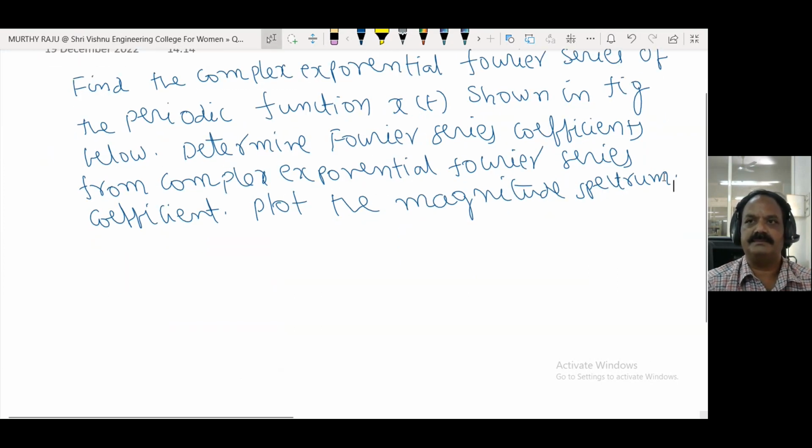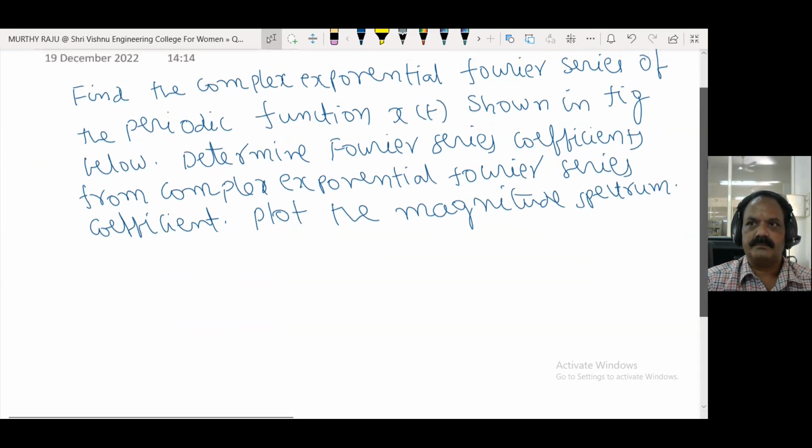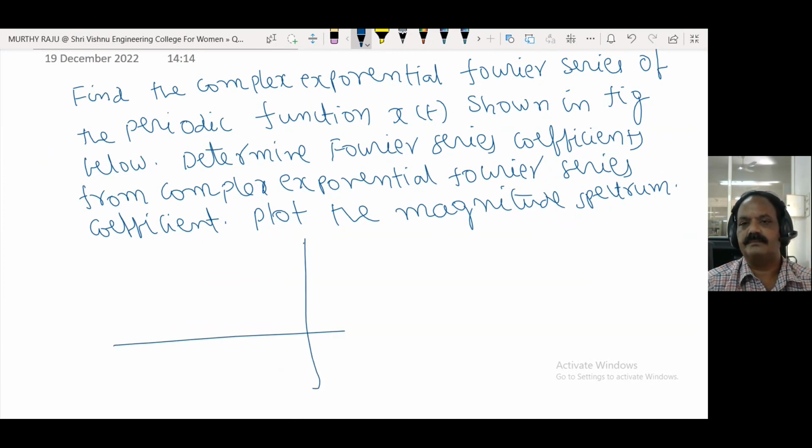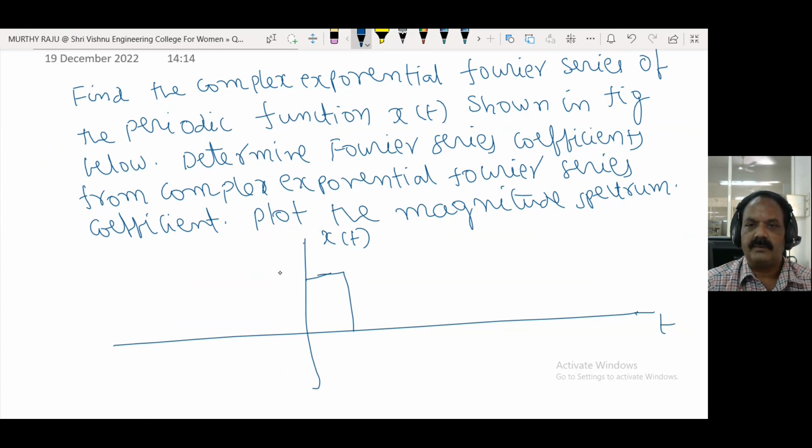This is the statement. The function is x of t, and here on the axis we have 1, 2, 3, 4.